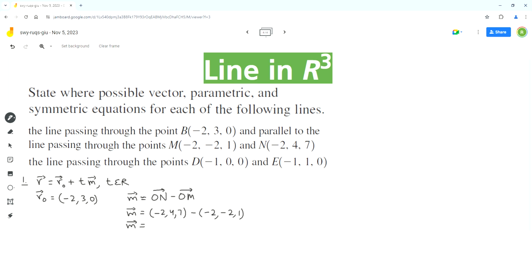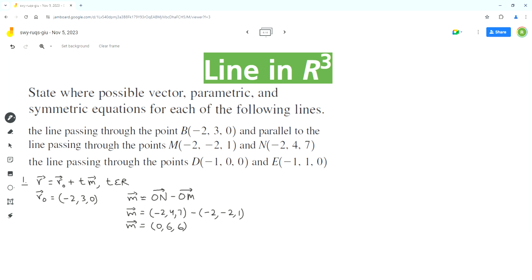Now we can subtract the vectors by subtracting their x, y, and z components. So for x component, we have to do -2 minus -2, which is equal to 0. For y component, we have to do 4 minus -2, which is 6. And for z component, we have to do 7 minus 1, which is equal to 6.